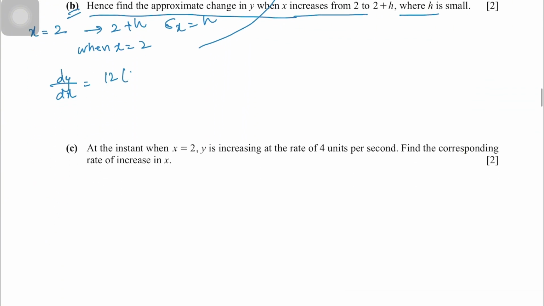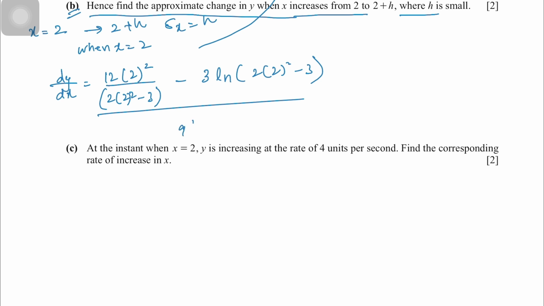So this would be 12 into 2 squared, then 2 into 2 squared minus 3, ln 2 into 2 squared minus 3 upon 9 into 2 square. So this would be 48 over 5 minus ln 125, and then 36. So you get this as 0.1325.